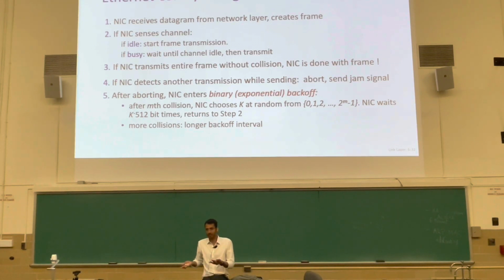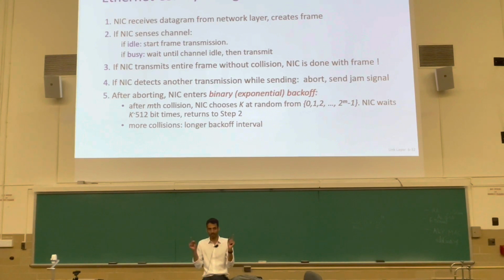This slot, by slot I mean just a fixed period of time. The value of this is 512 bit transmission times. That's what the value of that time is. If it tries again and there's a collision, it will now choose between 0, 1, 2, 3.